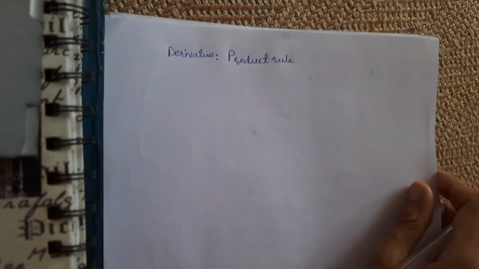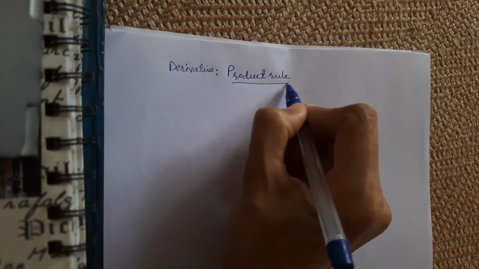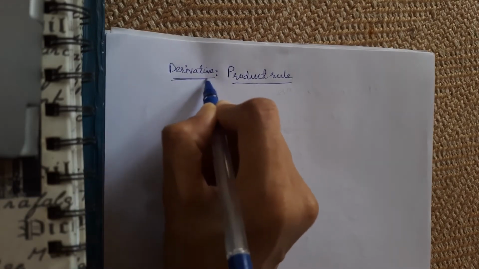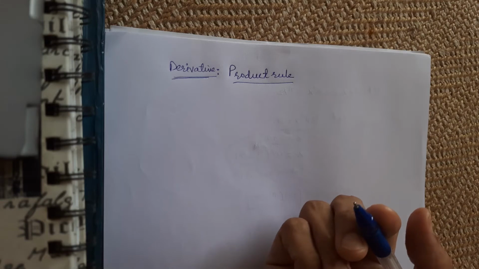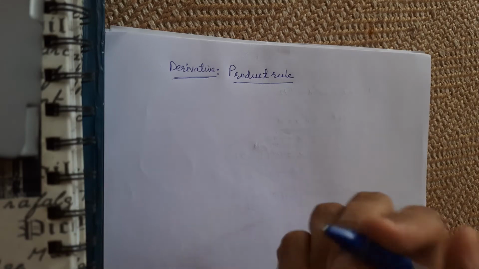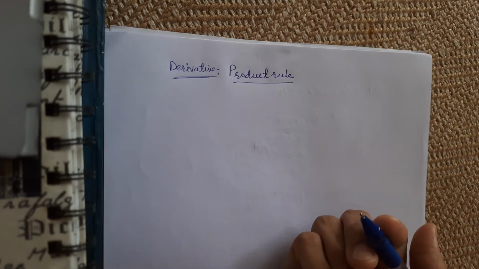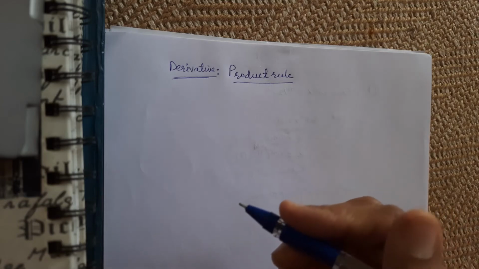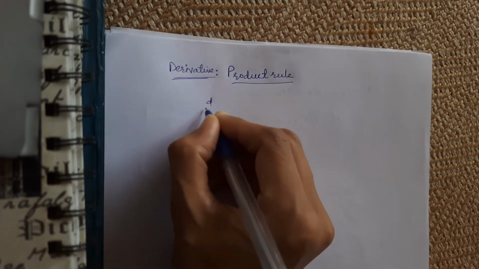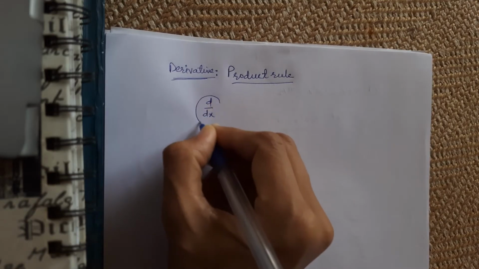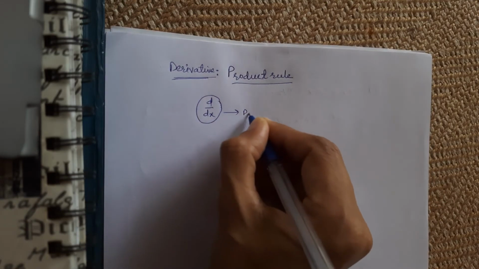So in this lecture we are going to discuss the product rule of derivative. In the previous lecture we saw how to find the derivative using standard functions, and how the derivative, or the differential operator, behaves when addition and subtraction signs are there. This term, d/dx, is called the differential operator.